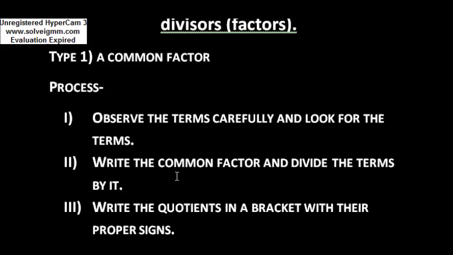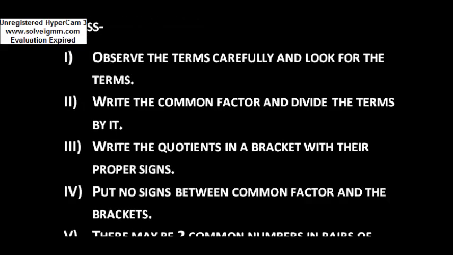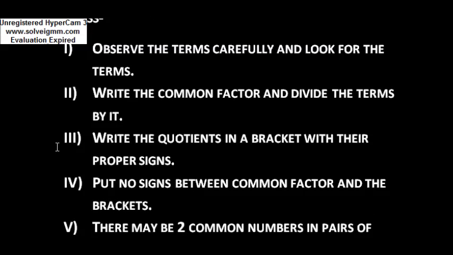For example, if there is any common factor, you will take it out of the bracket, and inside the bracket you will divide the given terms by the common factor. Number 3, write the quotients in a bracket with their proper signs.